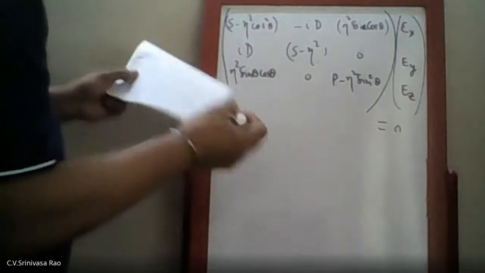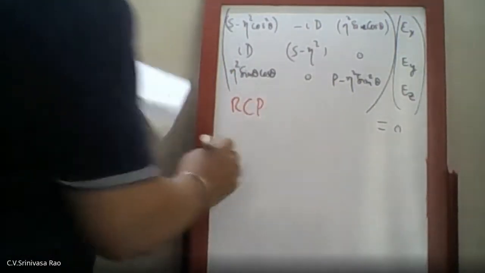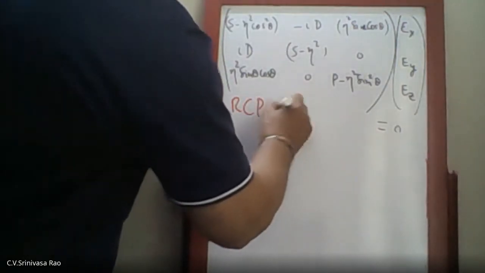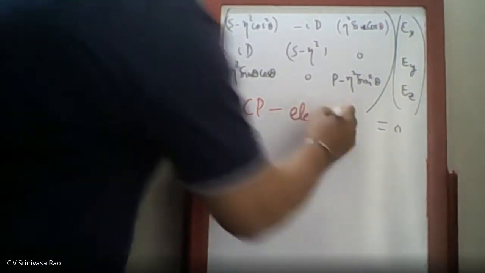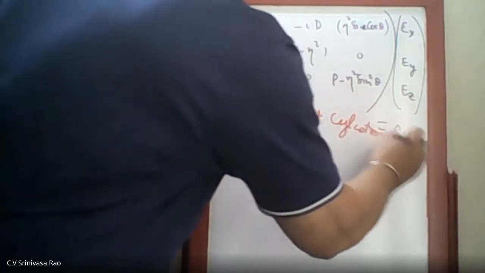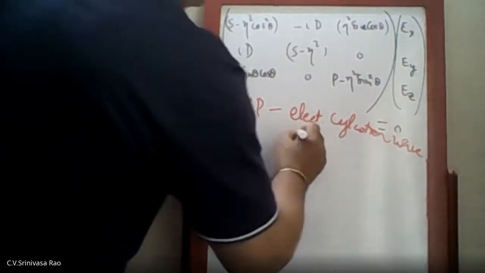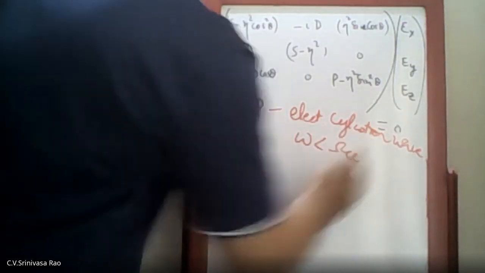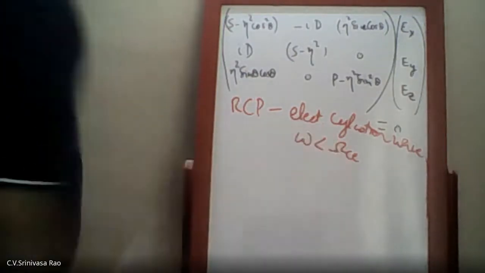So RCP, the right circularly polarized wave, is also called the electron cyclotron wave, and omega is less than the electron cyclotron frequency.